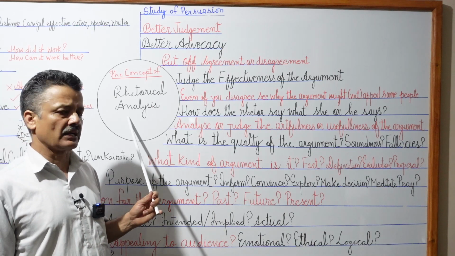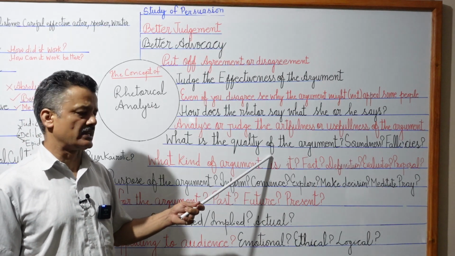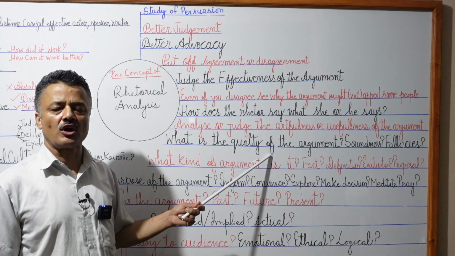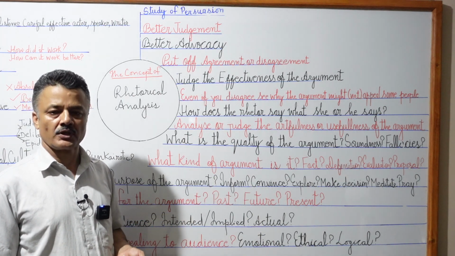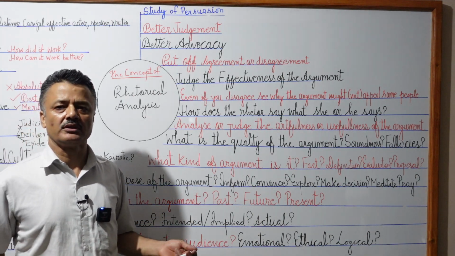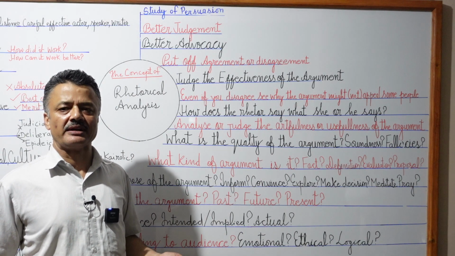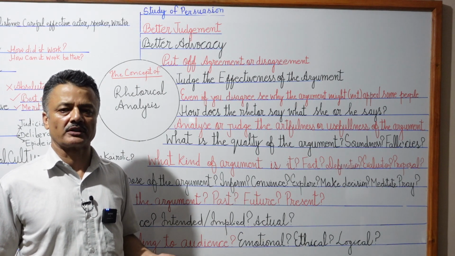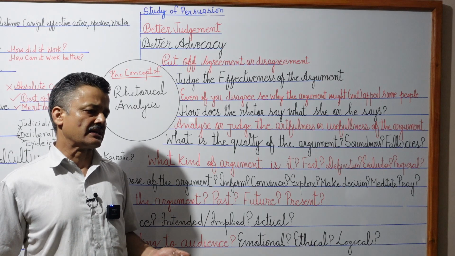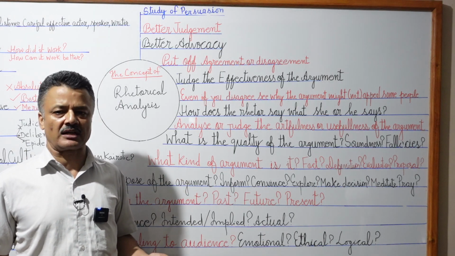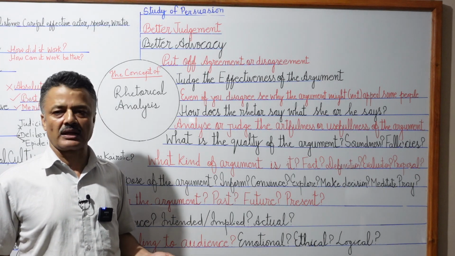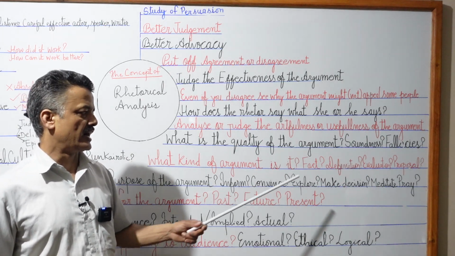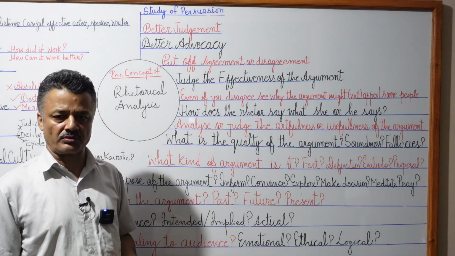So in rhetorical analysis, we try to see the soundness of an argument. An argument is sound when the reasons and evidences back up the claims the author is making. If the reasons and evidences do not back up the claims, and if the claims are fallacious, then the argument is not sound.